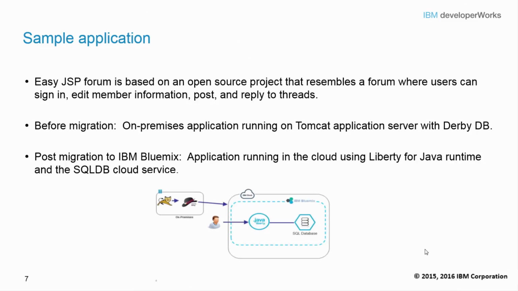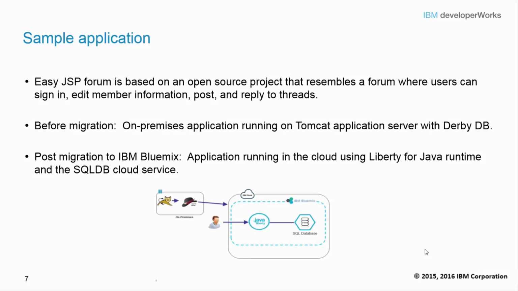Before we start deep diving into the migration demo, let's briefly talk about the sample application. It is EasyJSP forums, which is an open source project that resembles a forum where users can sign in, edit member information, post, and reply to threads.